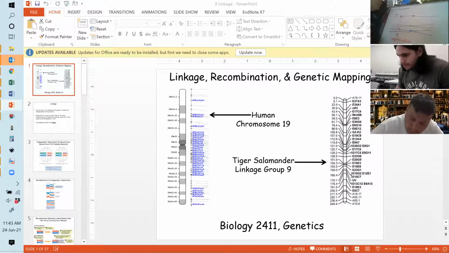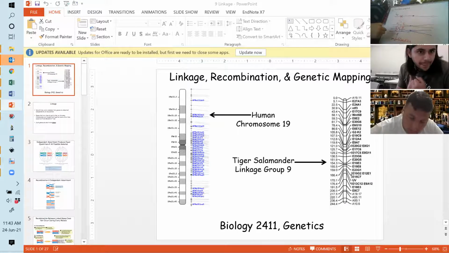So if you have two genes either side of that, you will see a different combination of alleles, presuming they're heterozygous. You'll see a different combination of alleles in the offspring.